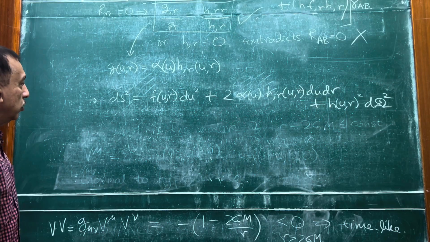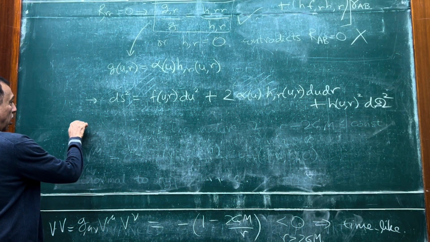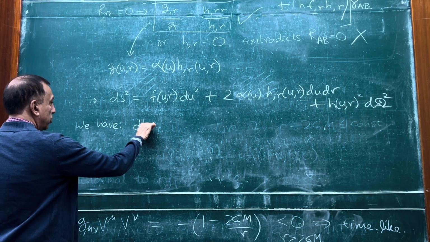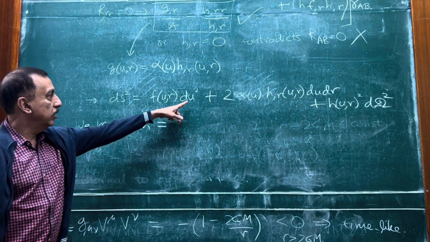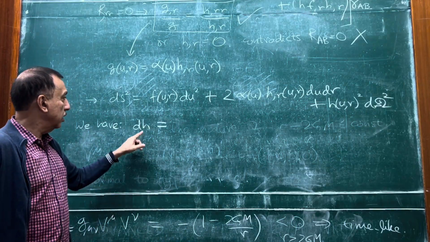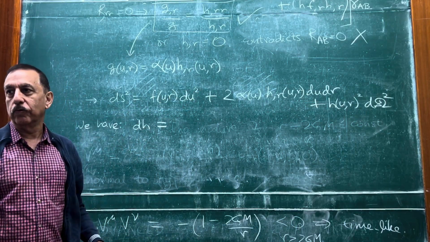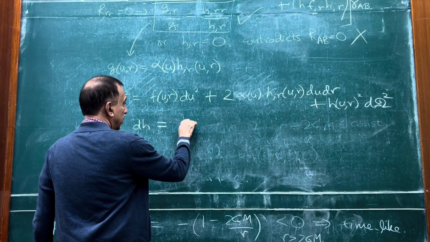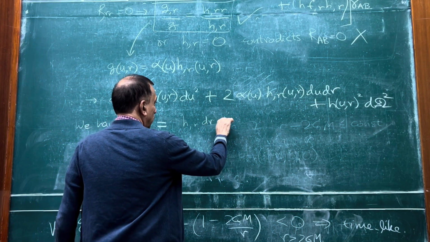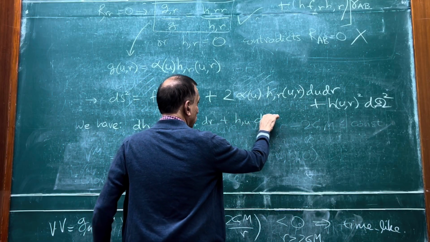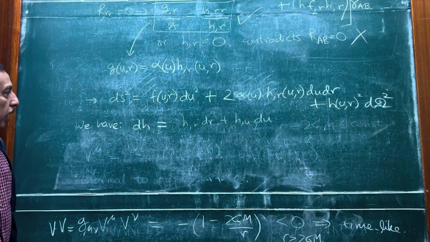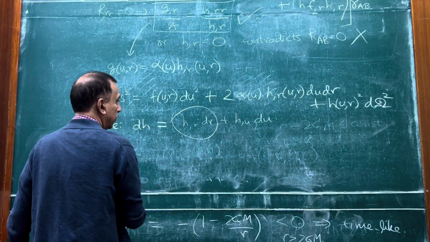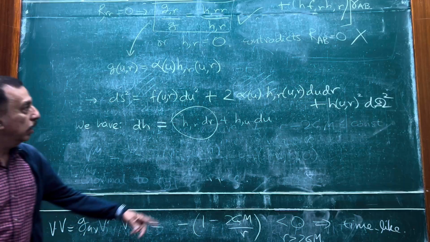Now the next step is to notice the following. Supposing I take an infinitesimal variation of H, just dH, in the same sense as du, dr, etc. I just vary H, which is a function of two variables u and r. Then this dH is the same as H comma r dr plus H comma u du, just chain rule. And I'll use this to replace this by this minus that. Where? In this.